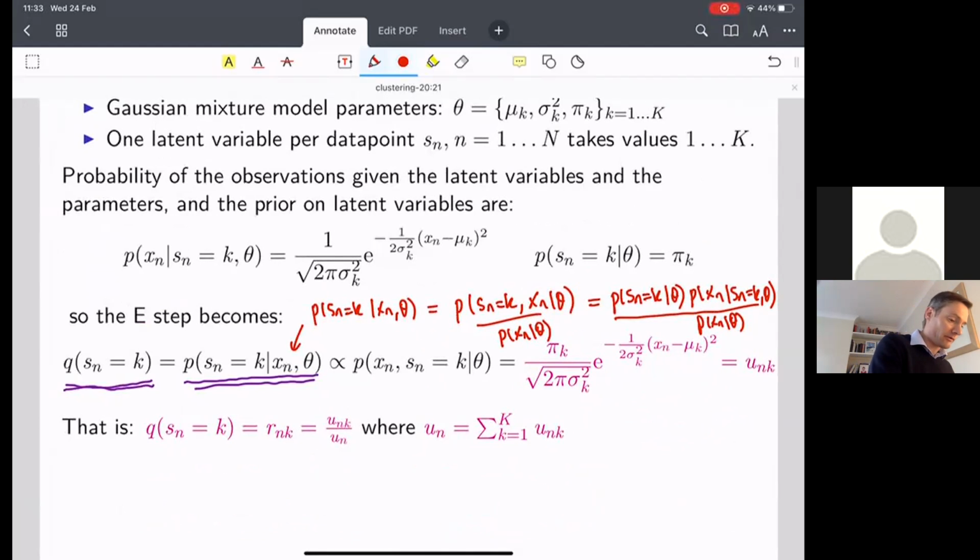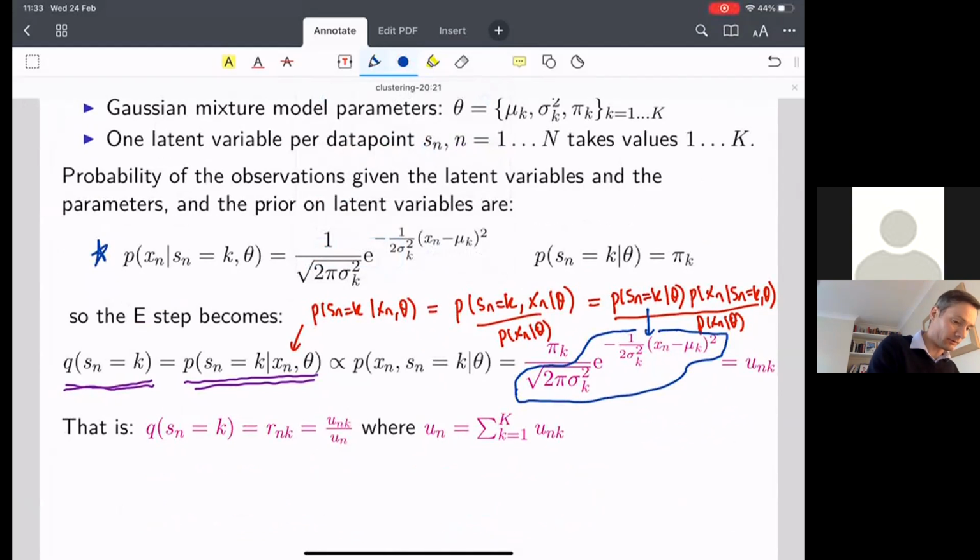And we know these quantities. So we know what this thing is. This thing is just our Gaussian, which I've written up actually below here. This Gaussian in xn with a mean mu k and a variance sigma k squared. It's just this expression here.